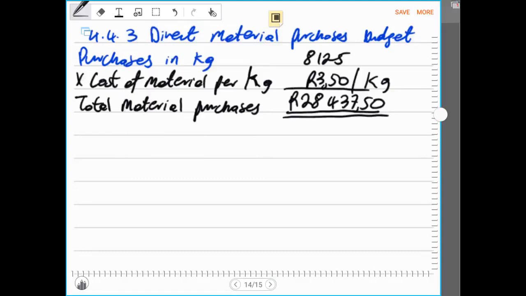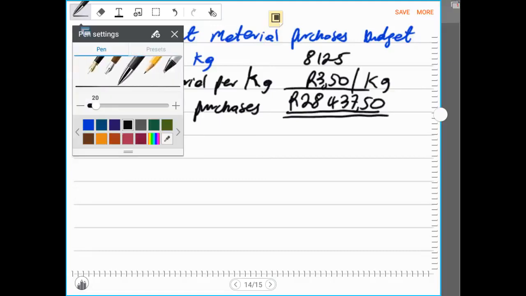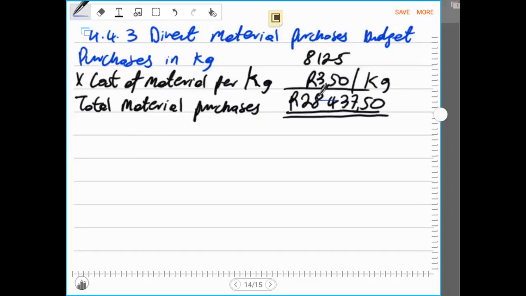So this is the budgeted cost of material in total.